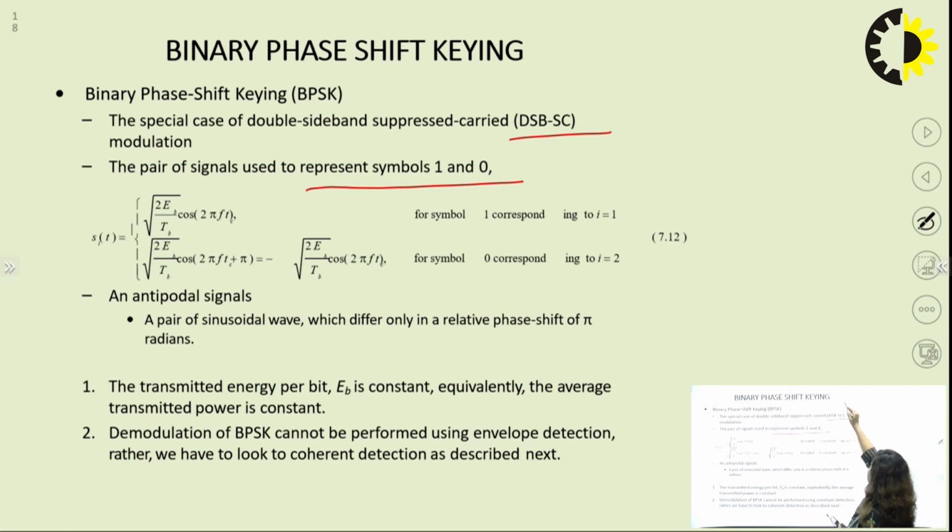So here we have equations: for bit 1, s(t) is equivalent to Ac cos omega c t plus 0 degree.